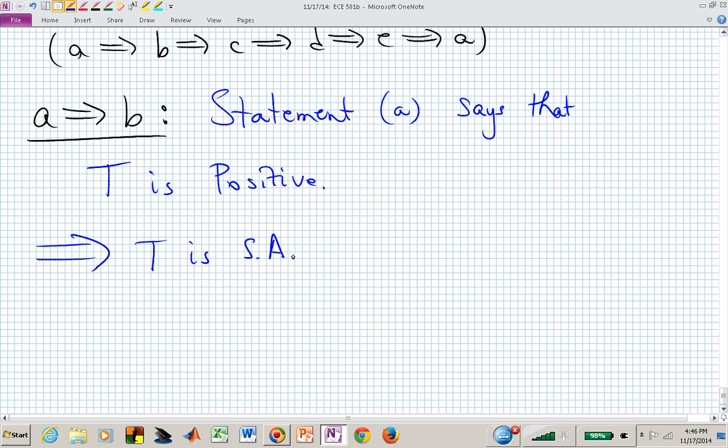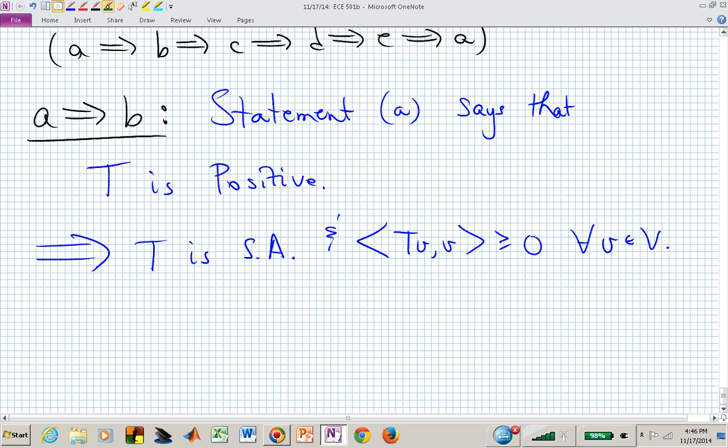and a linear operator being positive says that that operator is not only self-adjoint, but it also satisfies this non-negative relationship on the inner product for all vectors V in the inner product space, capital V. That's what T being positive means by definition.